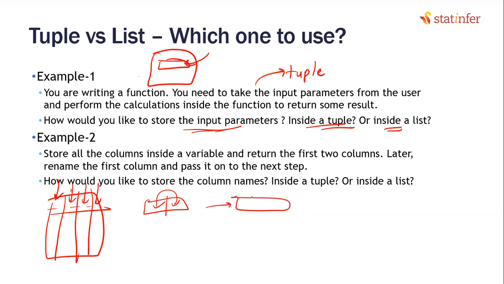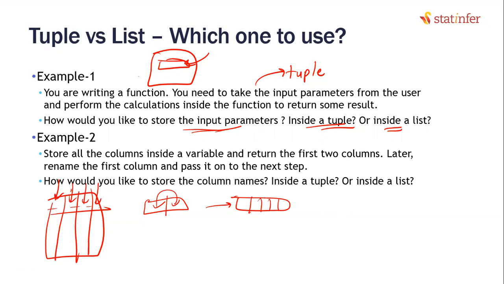Is it a list or is it a tuple? If you want to rename the columns later on, obviously you need mutability. Obviously you will be going for the list for sure there. Wherever you want mutability, depending on the situation, you can go for list. If you don't want any mutability, if you don't want any changes, then you can go for a tuple.